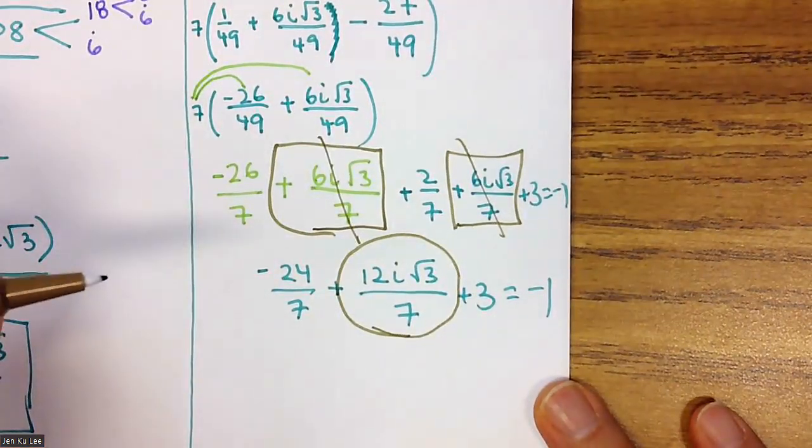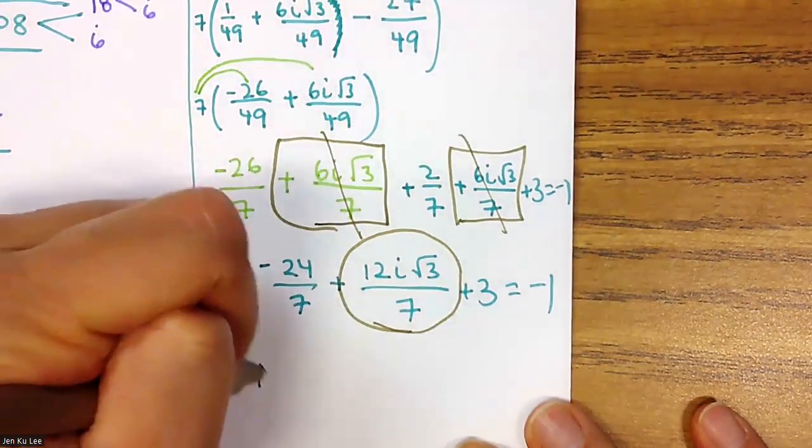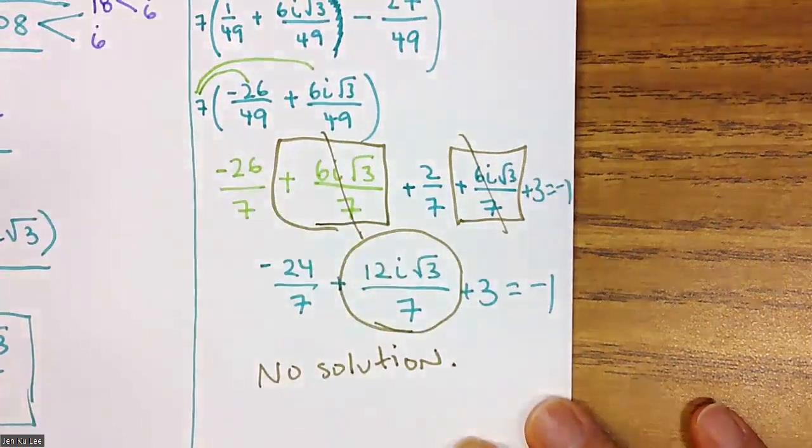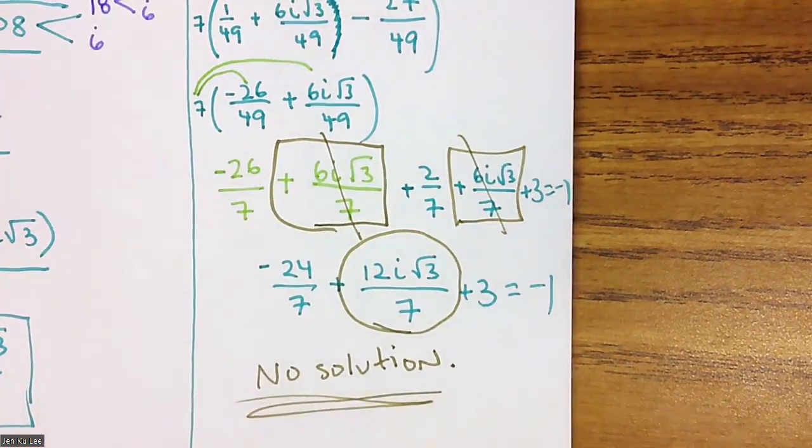If you're going to be stuck with a complex solution, it's just no solution. Okay? All right, so that's why you have to check sometimes, because sometimes your solution does not work. Okay? That is your lesson for 11.2.